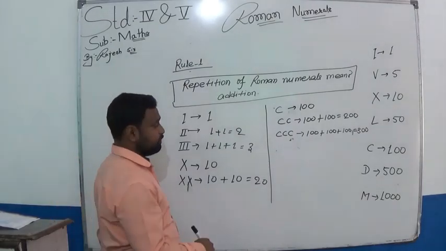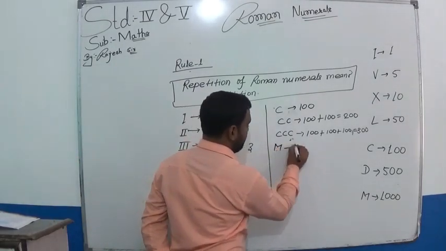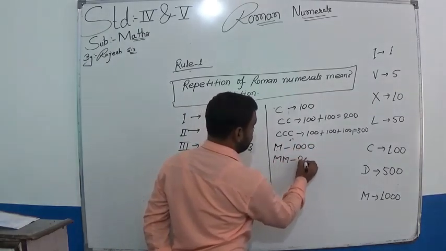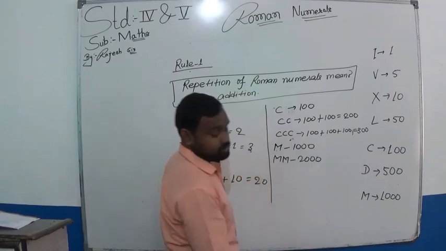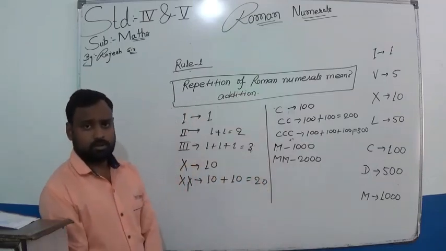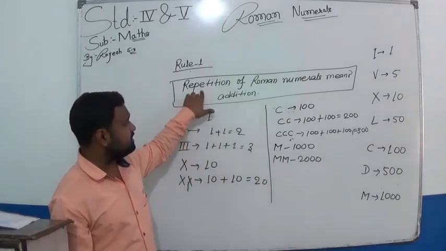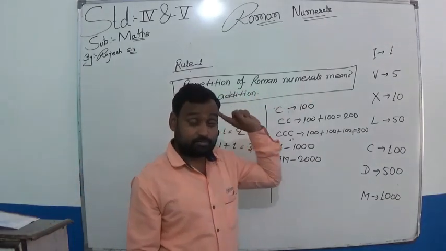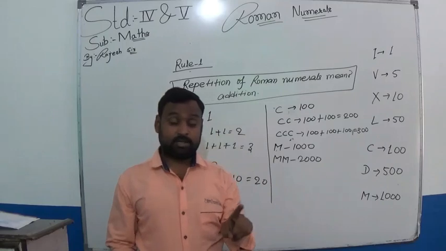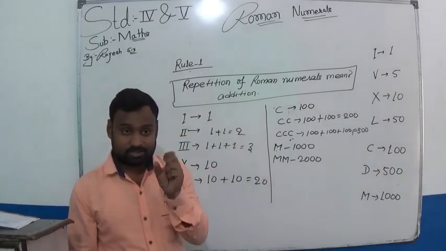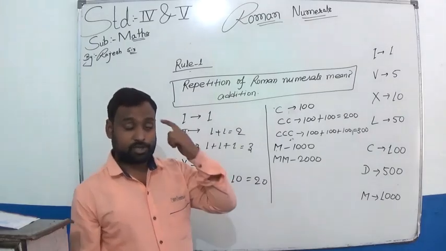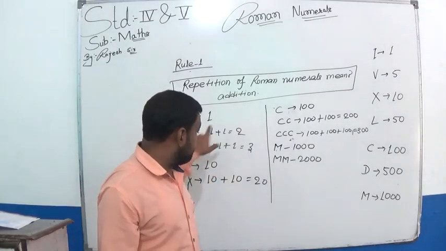Same way we can repeat M for 1000, M M for 2000, 1000 plus 1000, 2000. Similarly, repetition of Roman numerals means addition. But there are some cautions which we have to keep in mind during repetition.